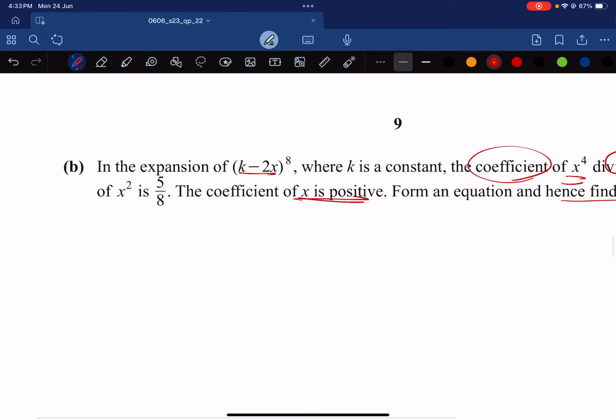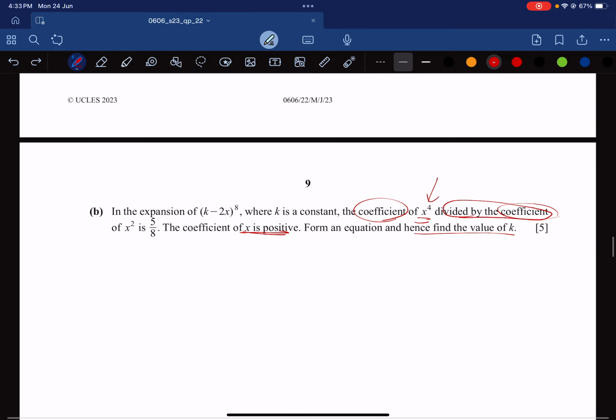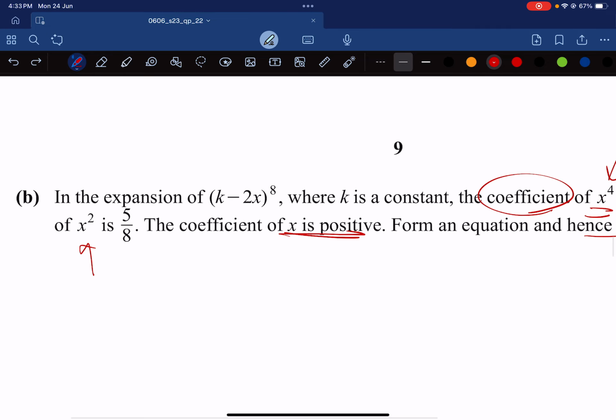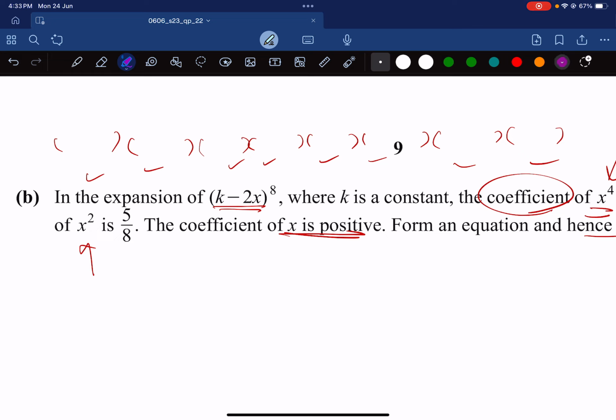Okay, let's expand this first. Actually, we don't need to expand. We just need to take a look at x to the power 4. To get x to the power 4, this means we have 8 brackets: 1 2 3 4 5 6 7 8. Out of 8 brackets, 4 out of 8 brackets, I need to take the second term.